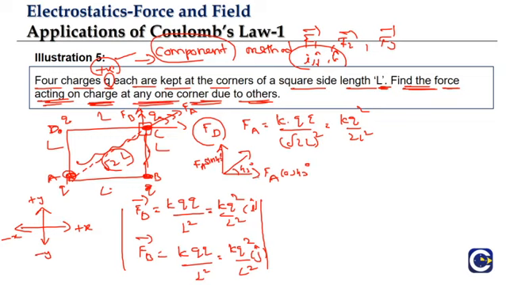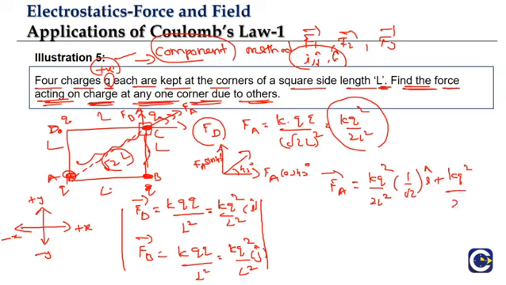So this is the x component, that is the y component. FA value is kq square by 2L square. So the force because of the charge at corner A will be kq square by 2L square cos 45. What is cos 45? 1 by root 2 into i cap, plus kq square by 2L square into sin 45. Sin 45 is also 1 by root 2 into j cap. So this is the component form of the force due to the charge at corner A.